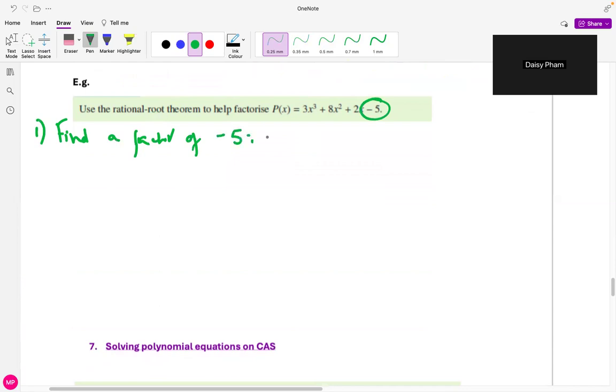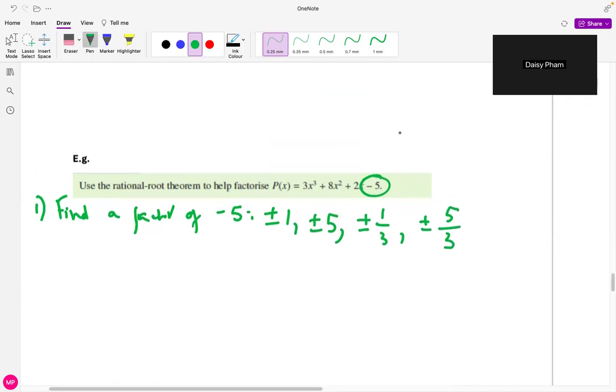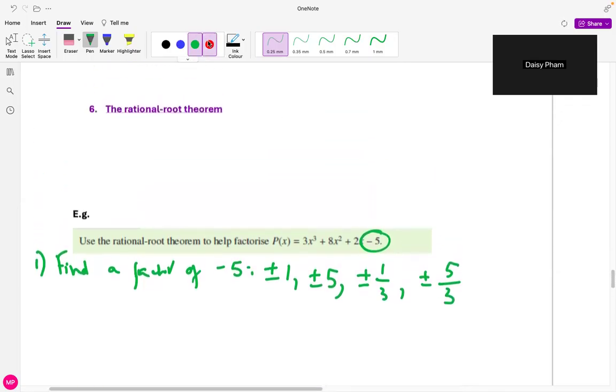The factors of -5 can be ±1 or ±5. However, if you do have a coefficient in front, the potential factor can be plus minus every single factor here divided by every factor of the coefficient. So it can be ±1 over the coefficient or ±5 over the coefficient. So you could have a fraction as your factor.